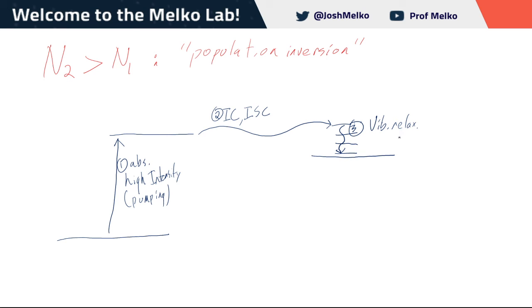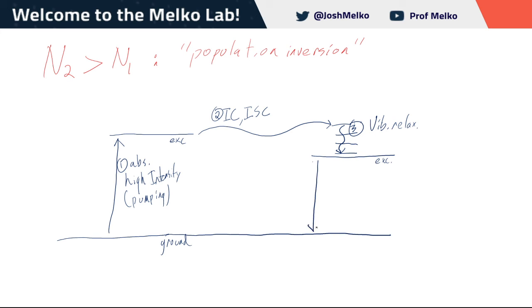To the lowest vibrational state of this excited state. So this is an excited state here. This is a ground state here. This is an excited state here. And step 4 here, and it really should be a vertical arrow, but I suppose we could just make this ground state longer.